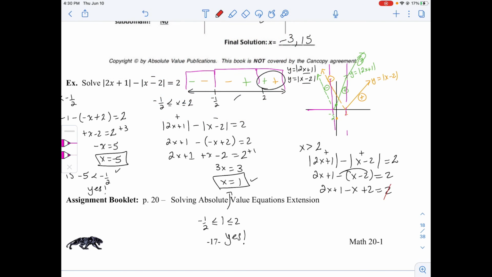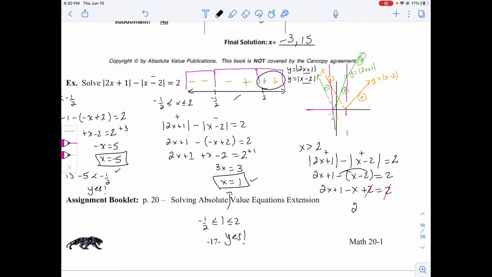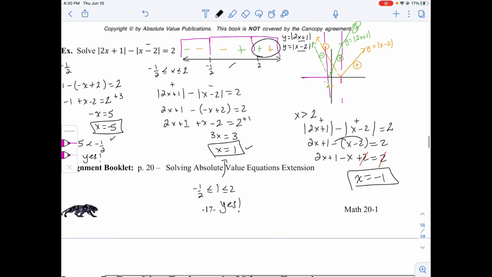Those will cancel. And I believe we get here 2x minus x, 1x equals negative 1. Okay, x equals negative 1. And if we look at the domain, is negative 1 greater than 2? No. Negative 1 is not greater than 2, so therefore this is not a solution. That's extraneous.